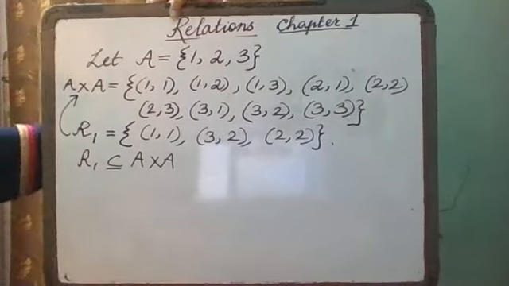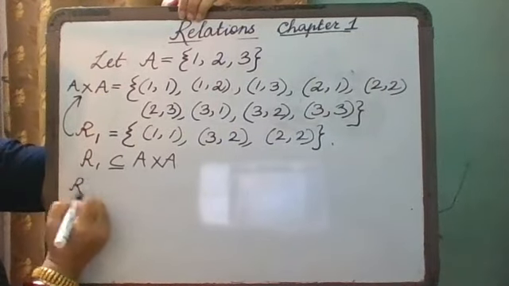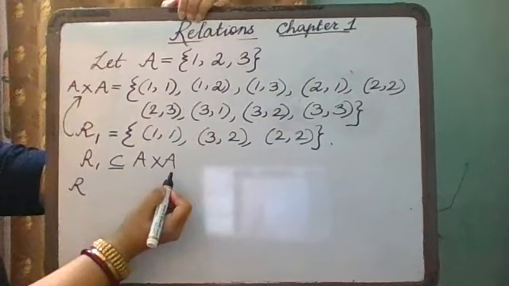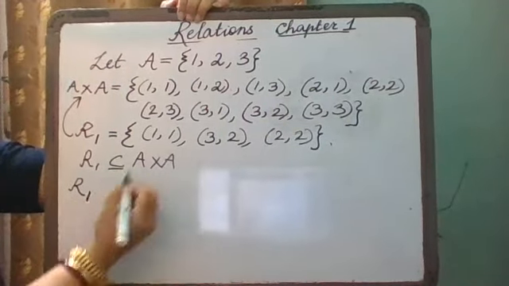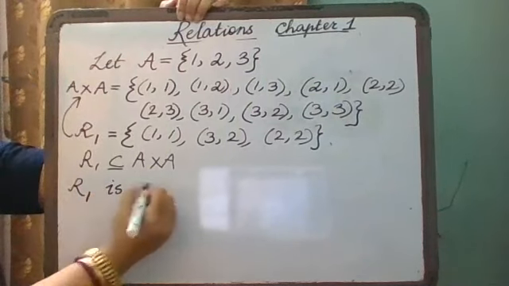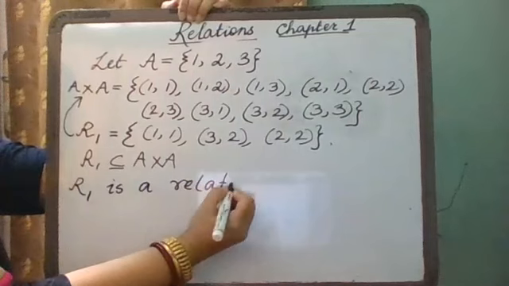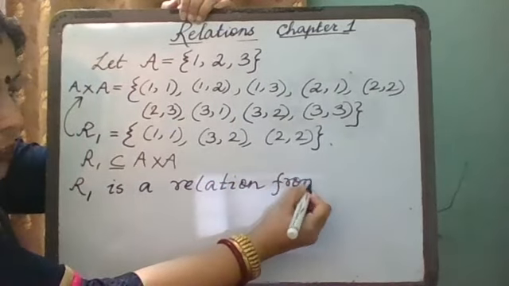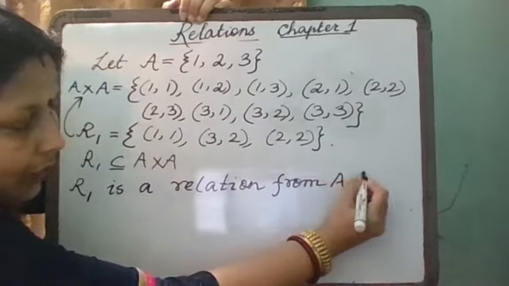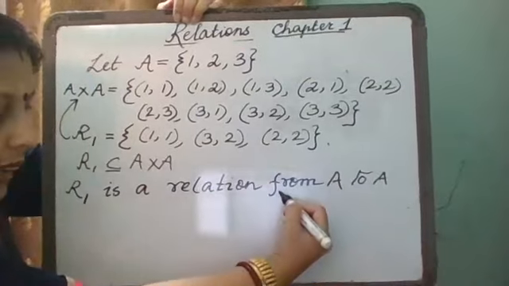Now, in other words, what can I say? Instead of saying R1 is a subset of A cross A, if I want to write in words, I shall be saying R1 is a relation from A to A. Now, next step.